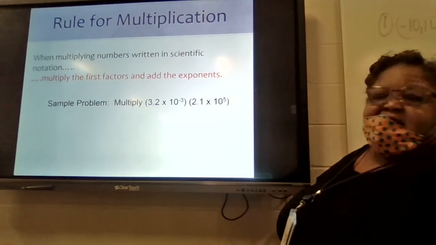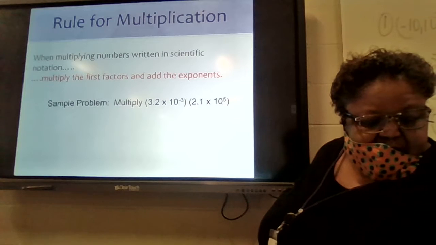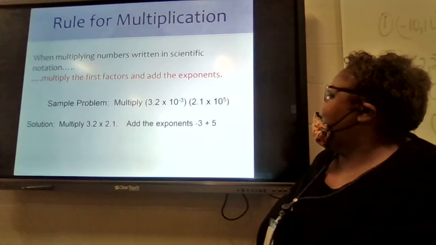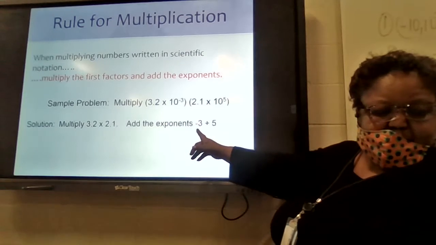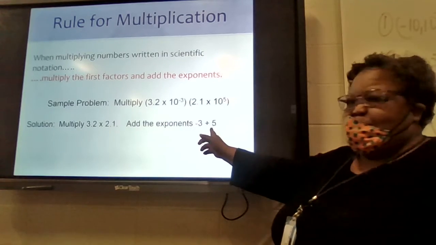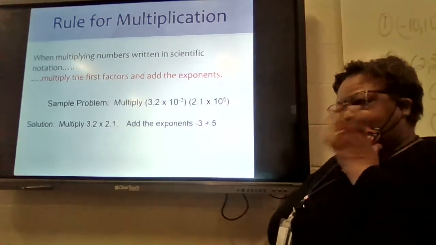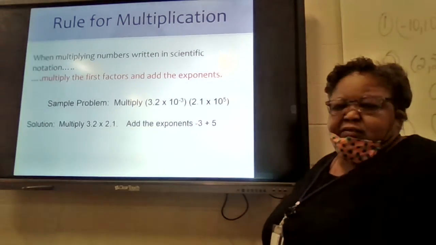In this case, you're going to multiply the 3.2 by 2.1, and then you're going to add the exponents, negative 3 plus negative 5. This part you need to write in your notes right here. Negative 3 plus negative 5.